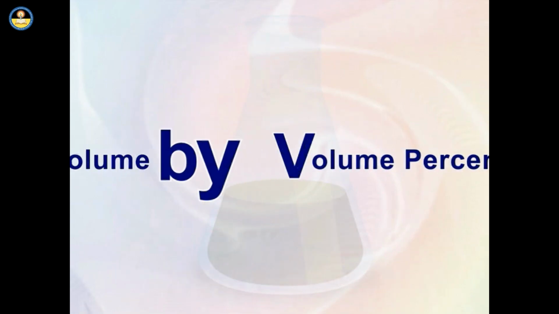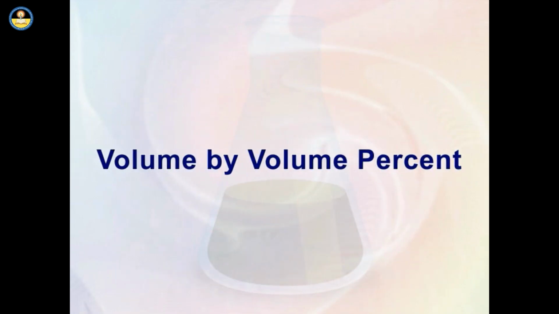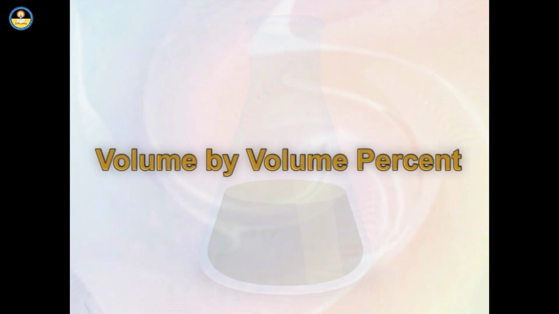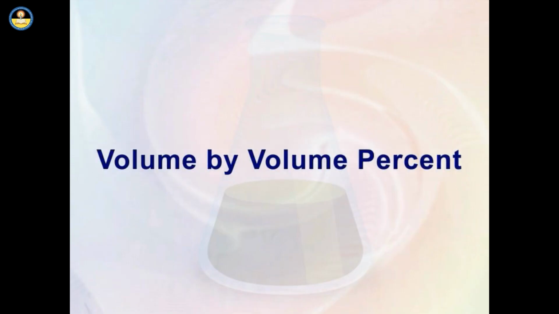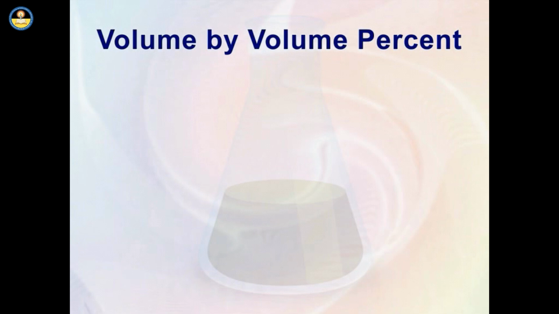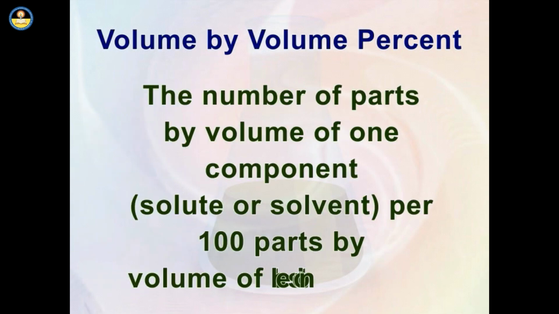We will now learn about expressing solutions in terms of volume by volume percent. Volume by volume percent of a solution may be defined as the number of parts by volume of one component, that is solute or solvent, per 100 parts by volume of the solution.